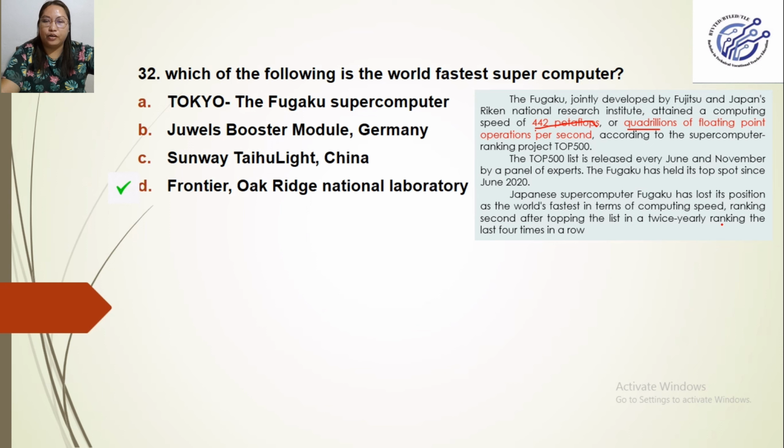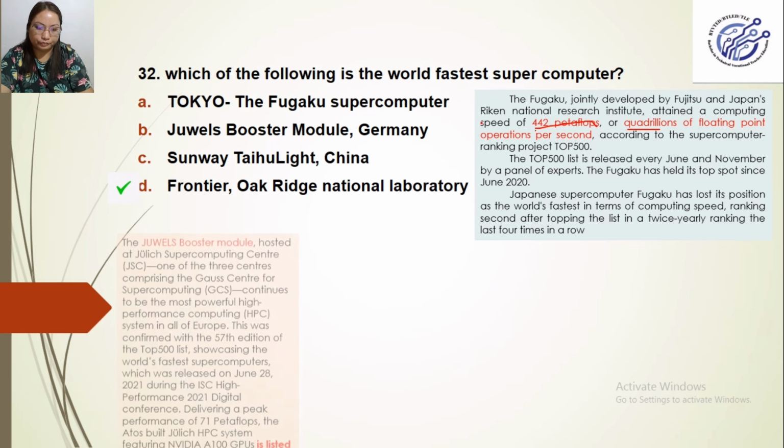Itong si Fugaku supercomputer, natanghal po siya ng dalawang beses na siya po yung world's fastest supercomputer. So only just last June 2020, nawala po sa kanya yung title na world's fastest supercomputer. So ngayon pumapangalawa na po itong si Fugaku.